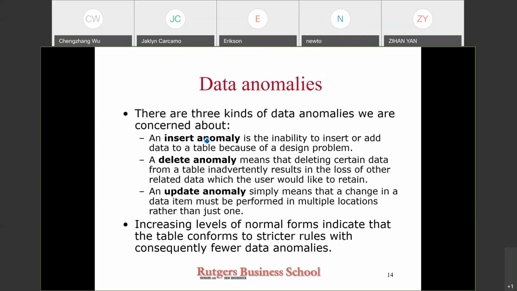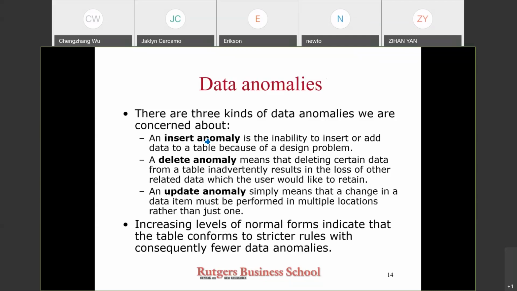There are insert anomaly, delete anomaly, and update anomaly. An insert anomaly is the inability to insert or add data to a table because of the design problem.